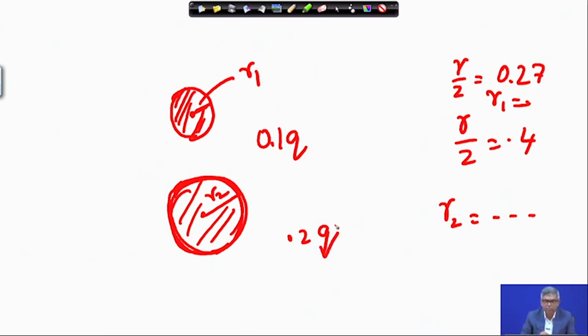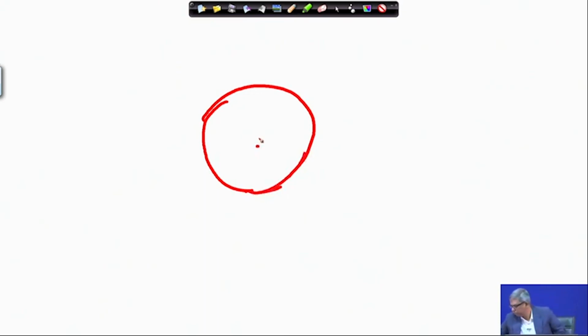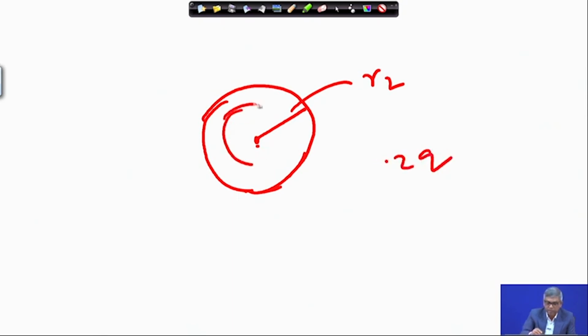Now, I will draw this separately. Suppose this is the radius r2 for 0.2 q, and there is another circle with r1, for 0.1 q.